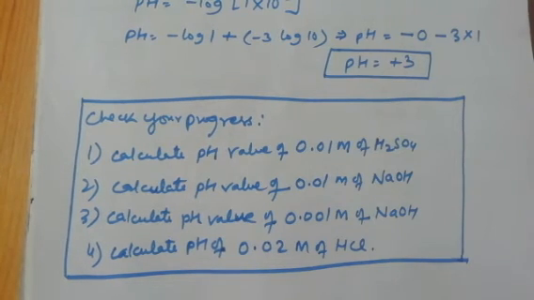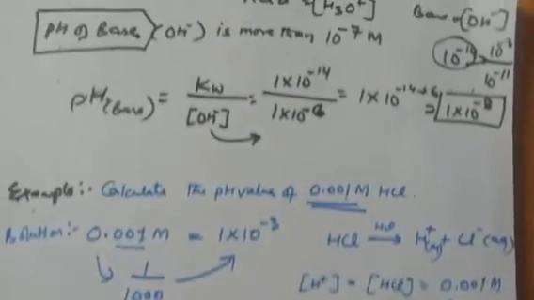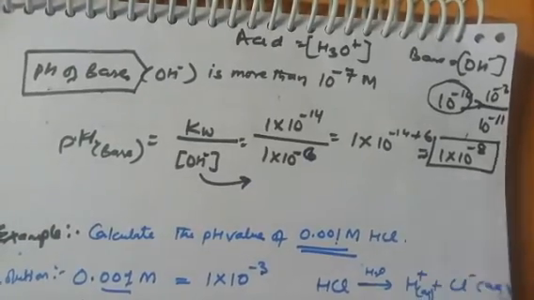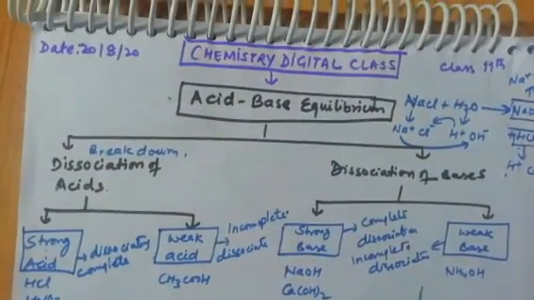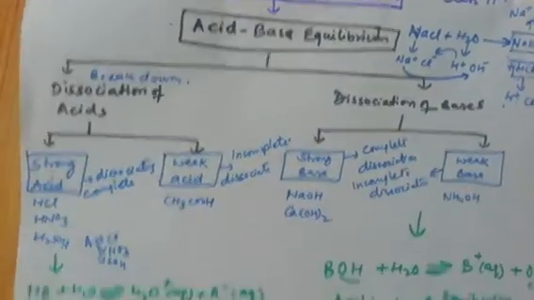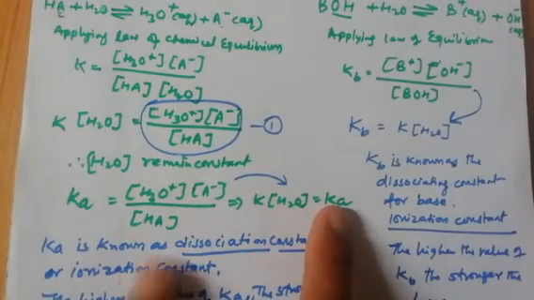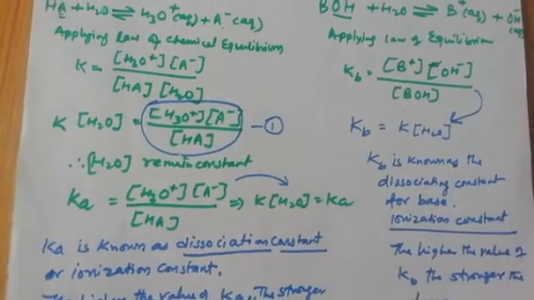Hope you understood today's topic, and do practice. This is a little bit mathematical calculation. Basically today we learned how to calculate the value of pH. First we did the acid base equilibrium, how acid and base dissociate, what dissociation means, and after dissociation how we can see which is more acidic and which is more basic.